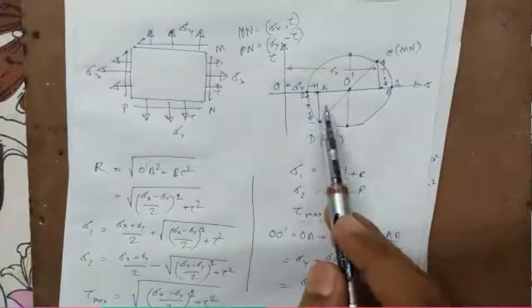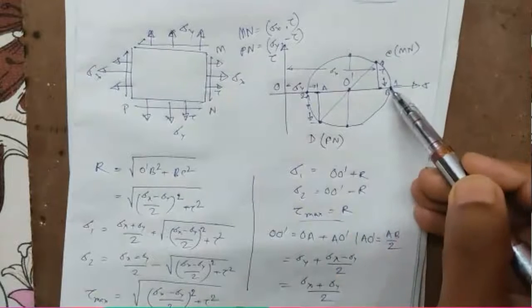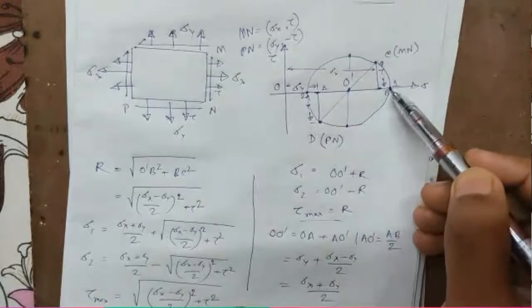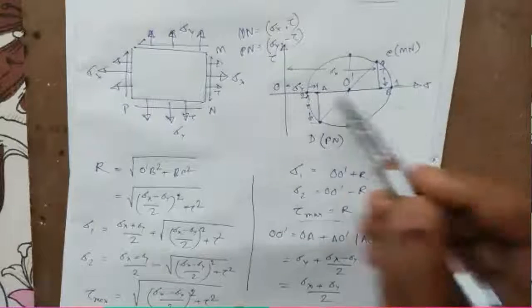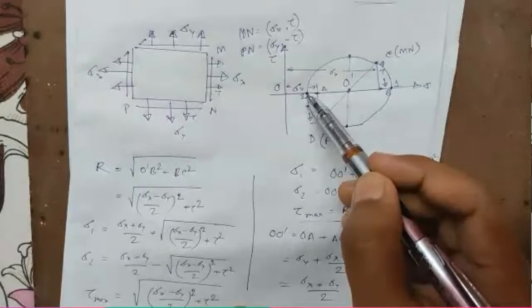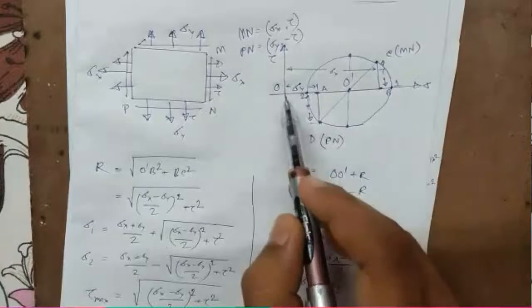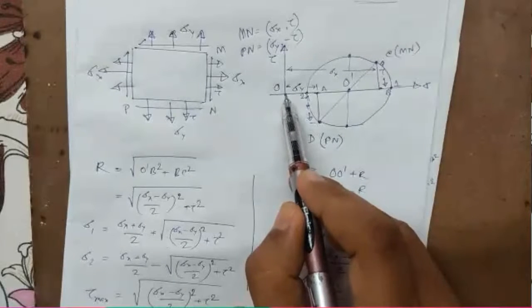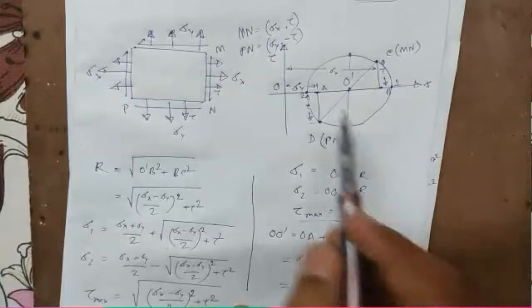Look at this Mohr circle. Where is sigma 1? Here, the normal stress at point 1 where the shear stress is 0. Here shear stress is 0, and here shear stress is 0. So at this point, the normal stress is measured from the origin to point 1. How can we get this value?